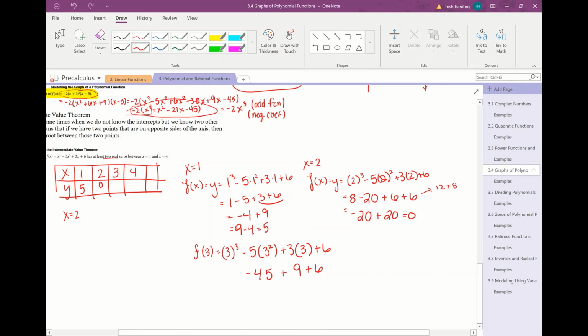Let me see, 3 times 3 is 9, times 3 is 27. So that is 27 plus 15. These two equal 15. So it becomes 42 minus 45. So that's going to be -3.